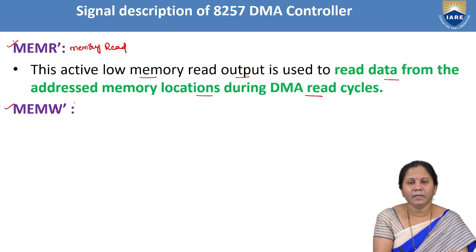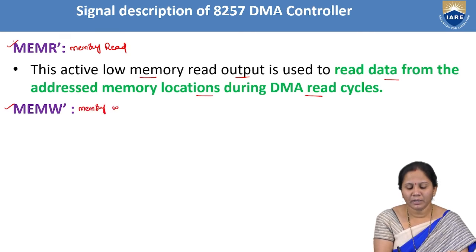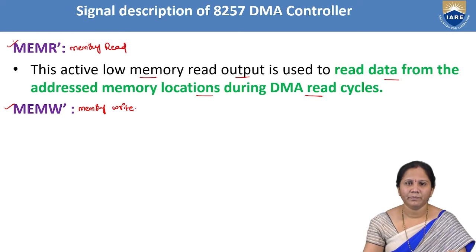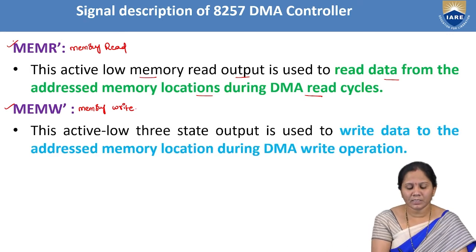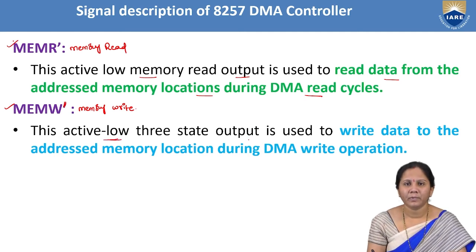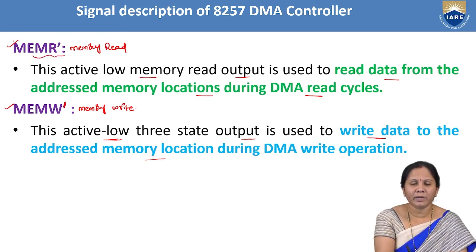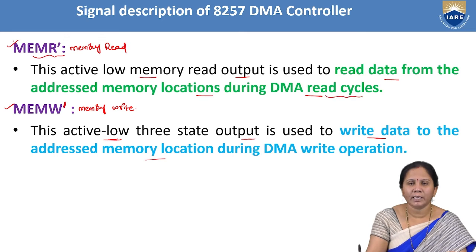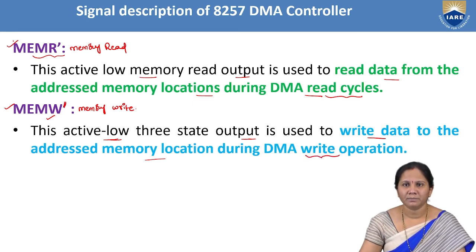And MEMW bar represents memory write operation. That means this is an active low signal. This signal is also an output signal which is used to write data to the addressed memory locations during the DMA write operation. So memory read happens during the read cycle, and memory write will be performed during the DMA write operation.